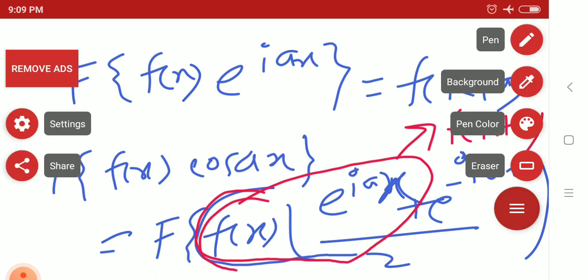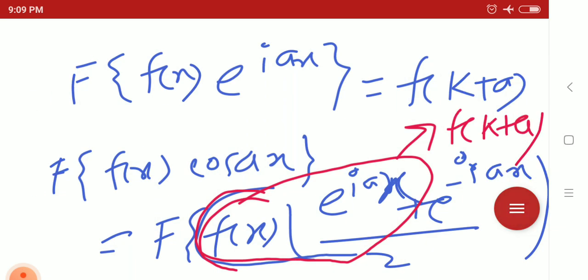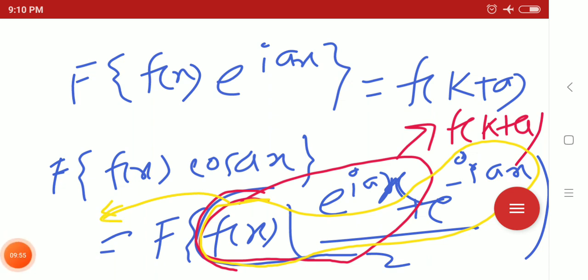And let us also change the pen color now. F of x e to the power minus iota x, what will it give? It will give f of k minus a.